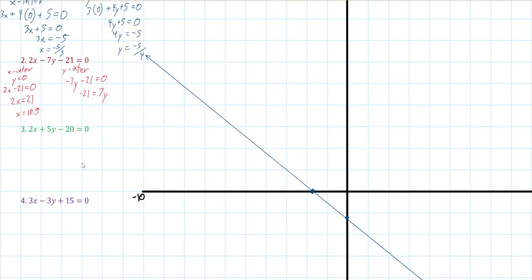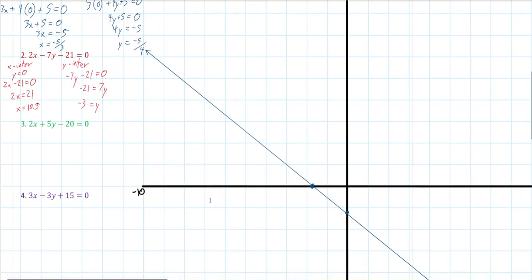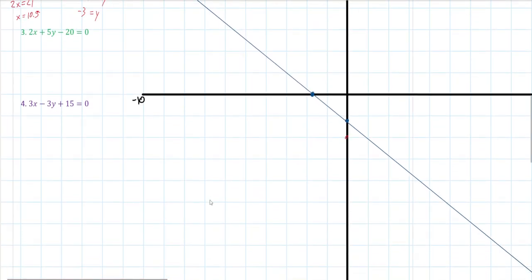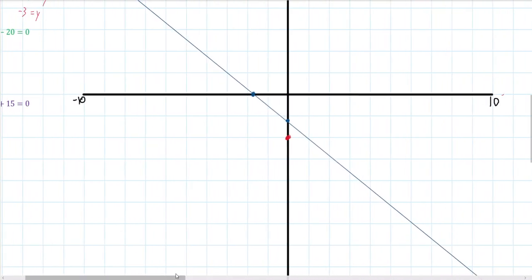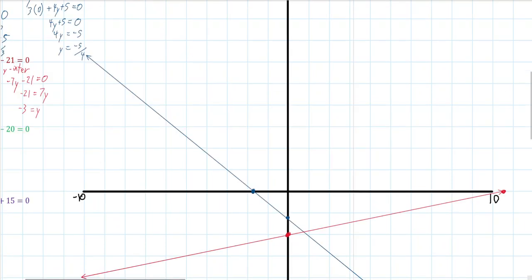So now it's positive 7y. Then we divide by 7 on both sides, so we get negative 3. Okay, now that we have those 2 points, we can plot them on our graph. So negative 3 for y and positive 10.5 for x, so it's going to be right here.